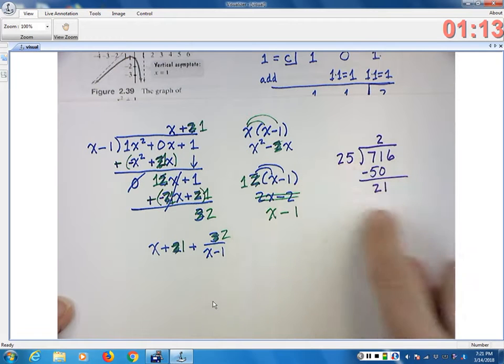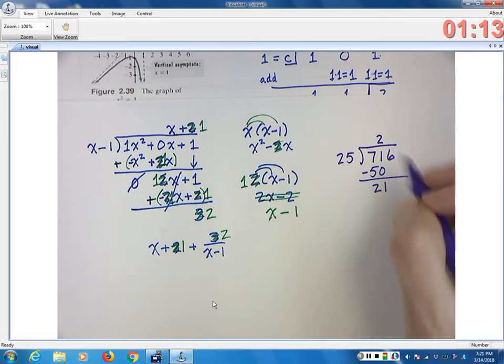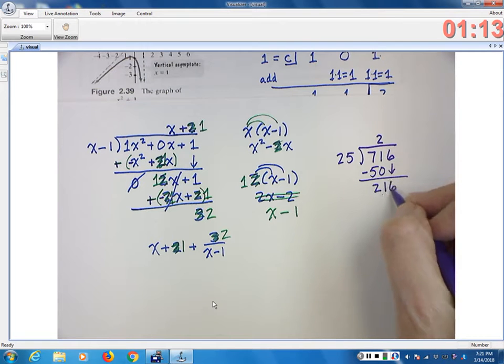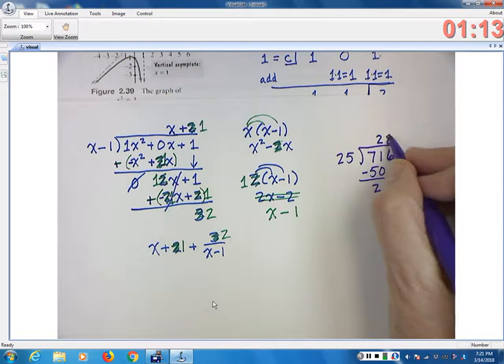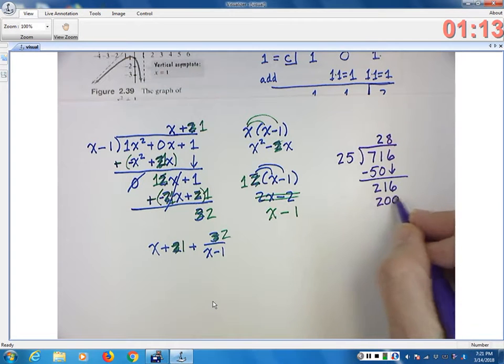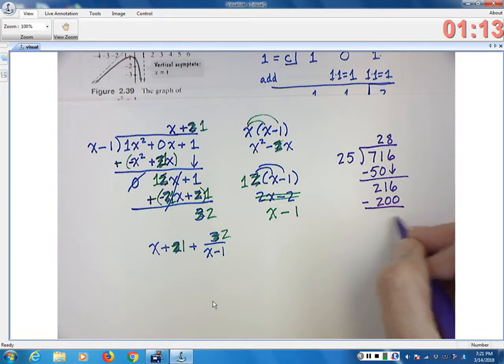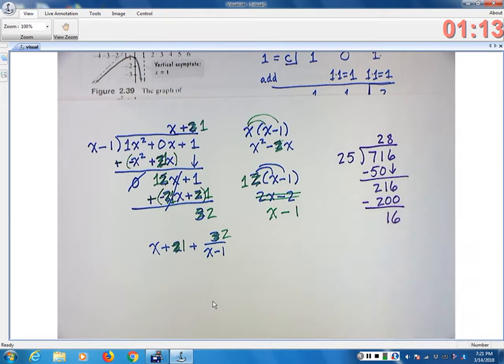25 doesn't go into 21, otherwise we use the wrong number there. Then you bring down the 6. 25 goes into 216. How many times? 8. That's 200. And then you subtract, and you get a remainder of 16.